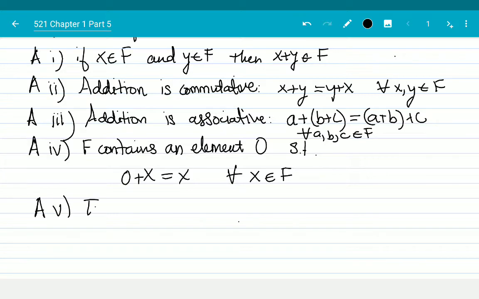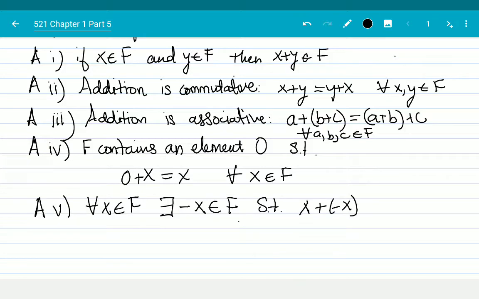Fifth, for every x in F, there exists a minus x in F such that x plus minus x is equal to 0.